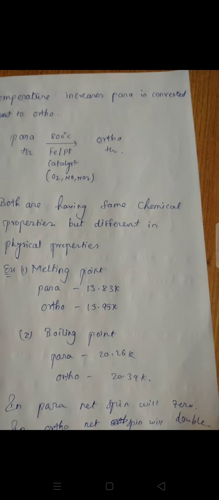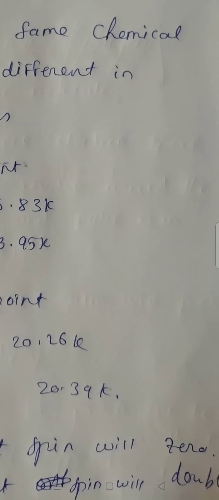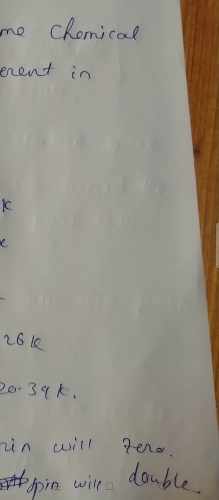As I said, in para hydrogen the net spin is equal to zero, because one proton is oriented in one direction, clockwise, and the other is oriented anti-clockwise. So the resultant spin of para hydrogen is zero.